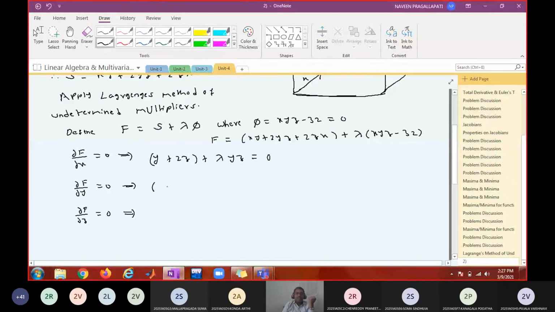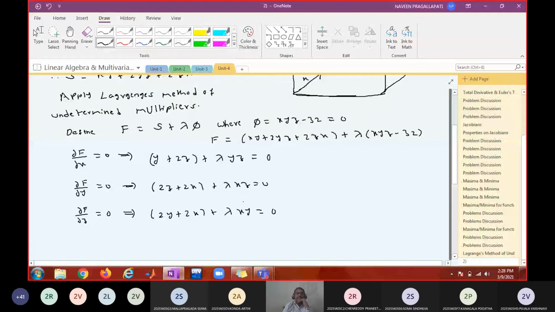And here, with respect to y, 2z plus 2x plus lambda into xz equal to 0. And here, with respect to z, 2y plus 2x plus lambda into xy equal to 0.